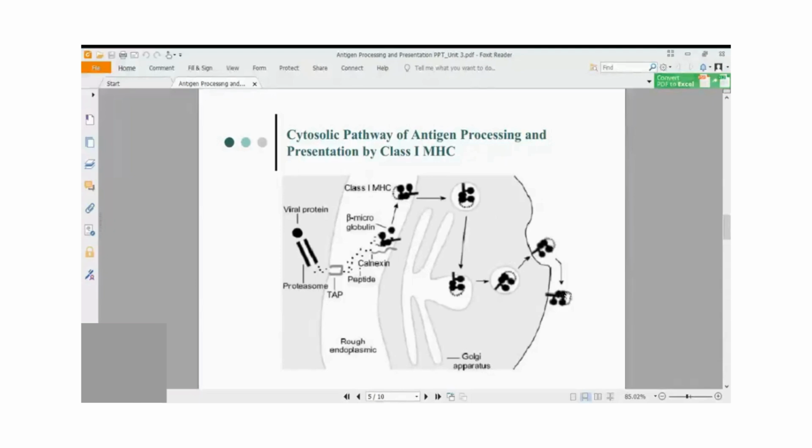And the presentation of self antigen will not trigger an immune response. In the antigen presenting cell, this process is a normal process.